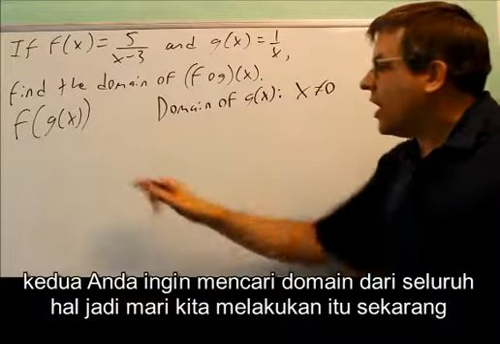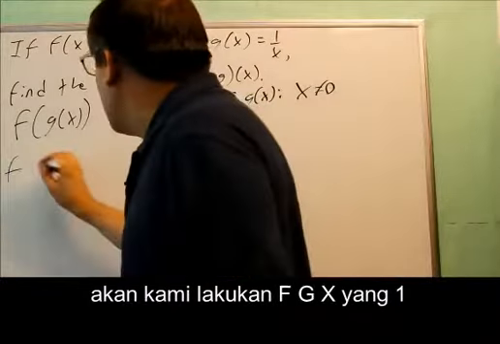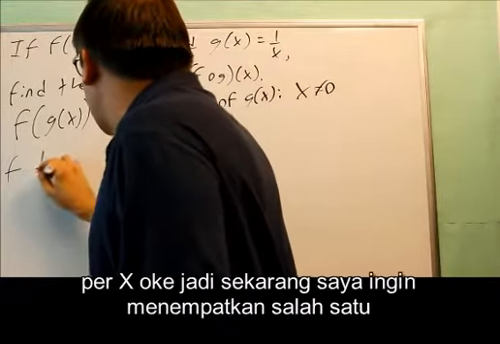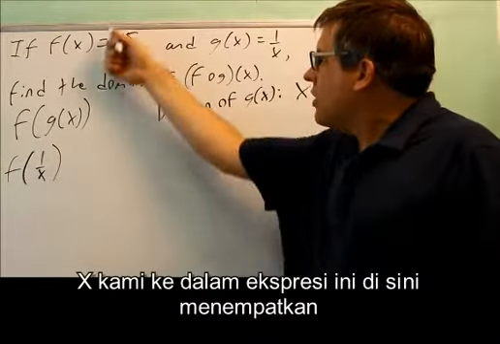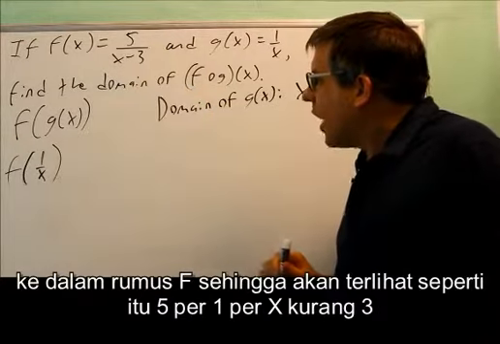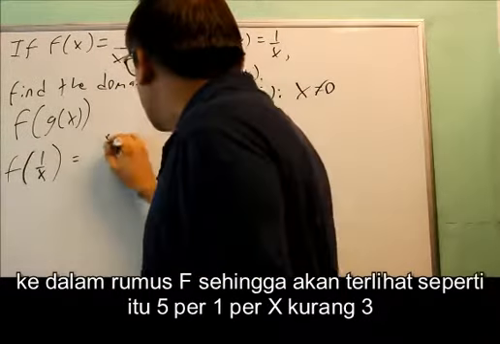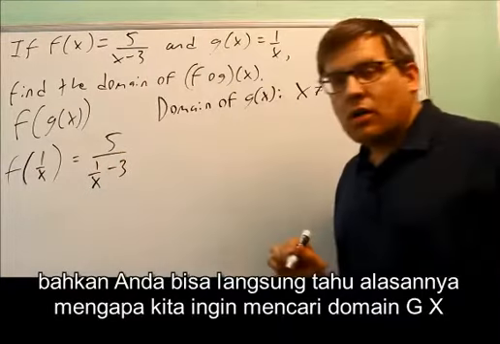Second, you want to find the domain of the whole thing. So let's do that now. We're going to do f of g of x, which is 1 over x. Now I want to put 1 over x into the f formula. So it's going to look like 5 over 1 over x minus 3.